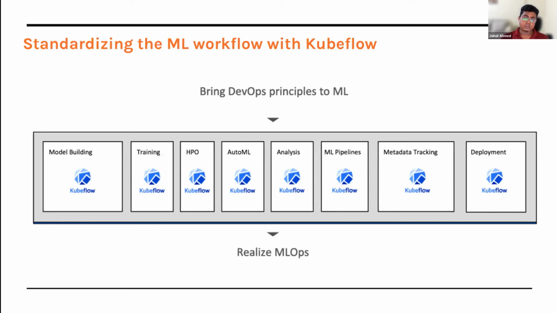So the team doesn't need to have multiple tools to solve various specific issues. If you have multiple tools, that also makes life difficult for the person who is managing them. Here there's only one tool, Kubeflow, with a suite of tools inside it, and using that the whole ML journey can be done.